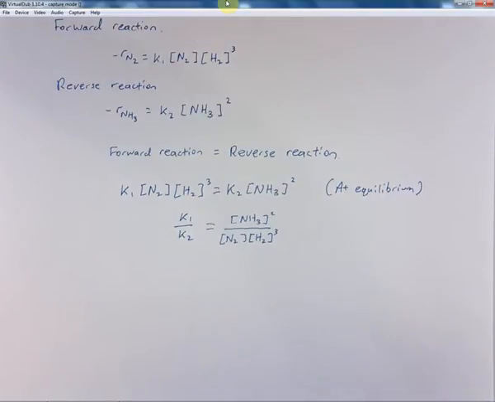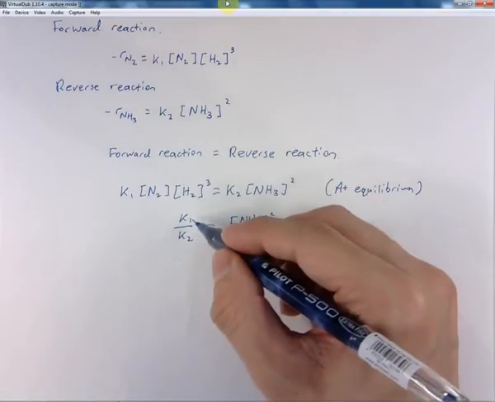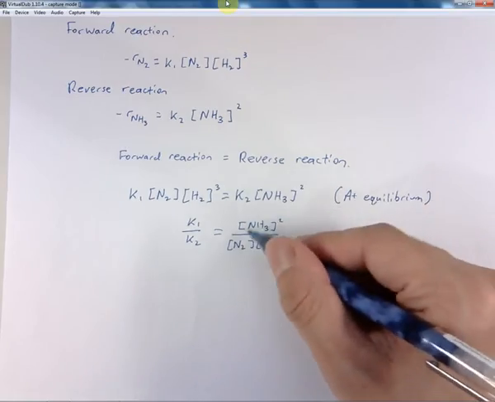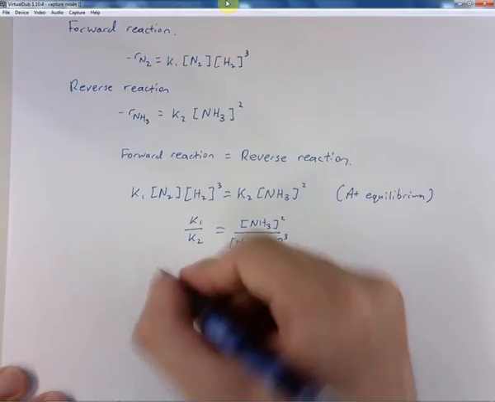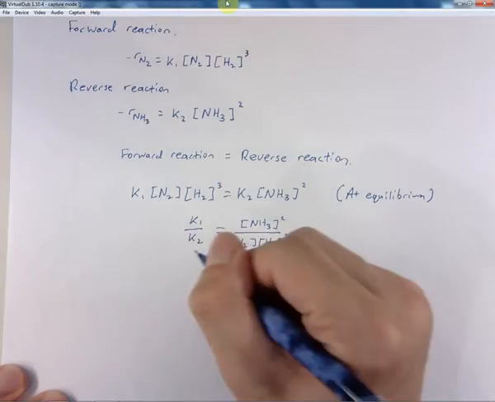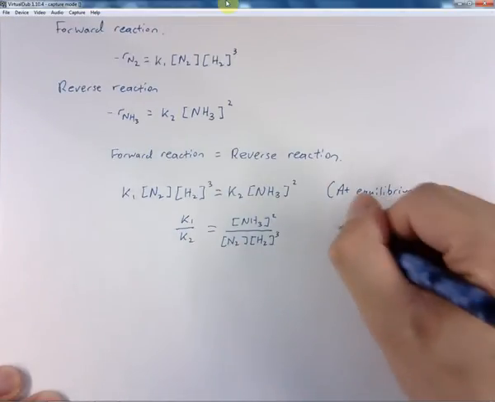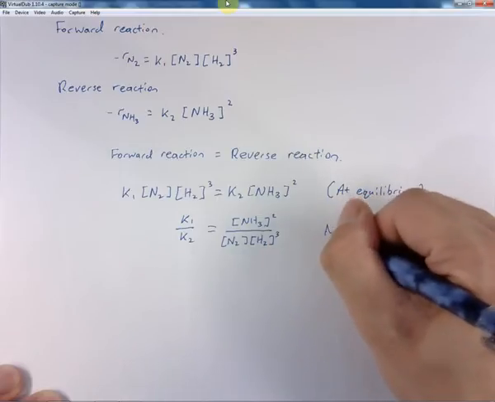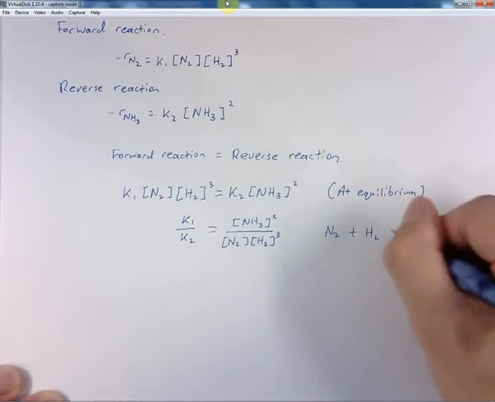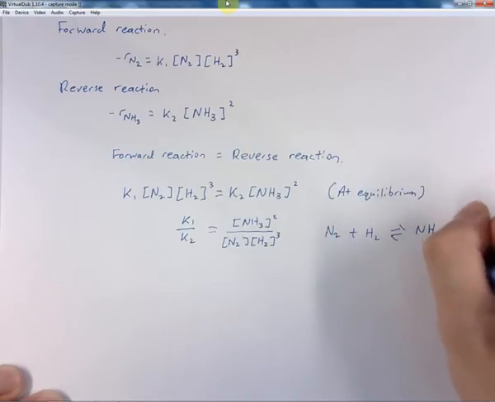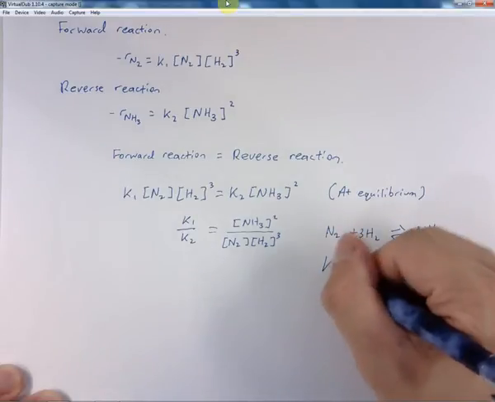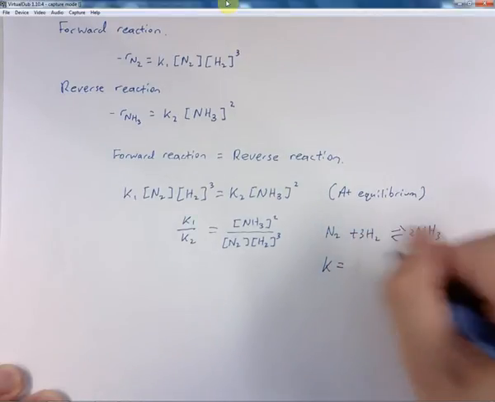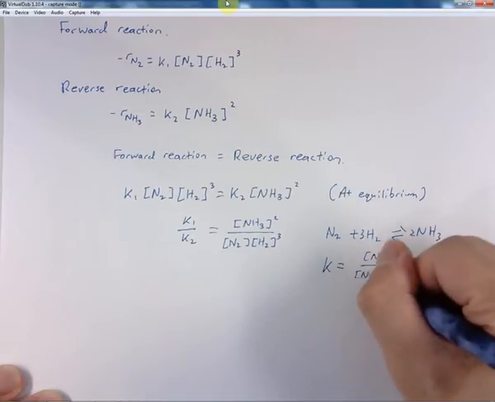Okay, so now you see over here we get a ratio of K1 over K2, and then we get this term over here, which is very familiar to most of us, because if you remember that in the past we say that N2 plus H2 give NH3, and you have seen a value K, which is your product over reactant.